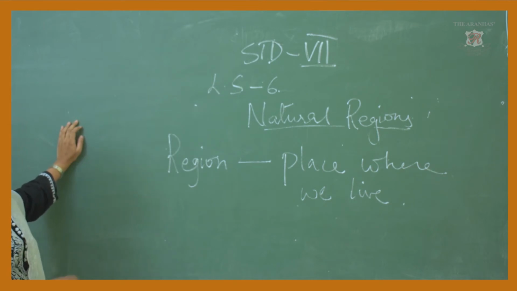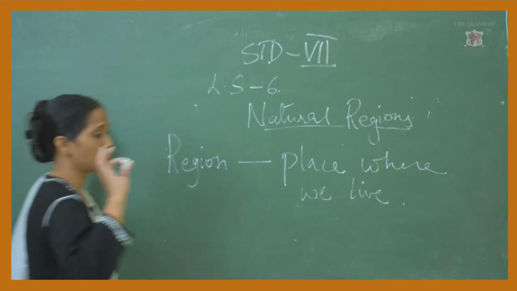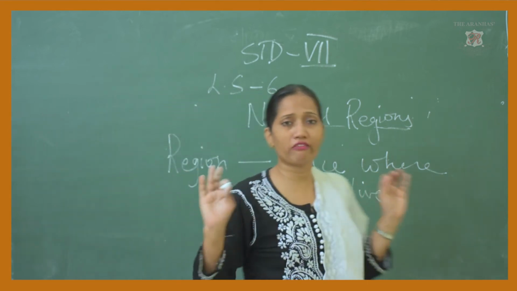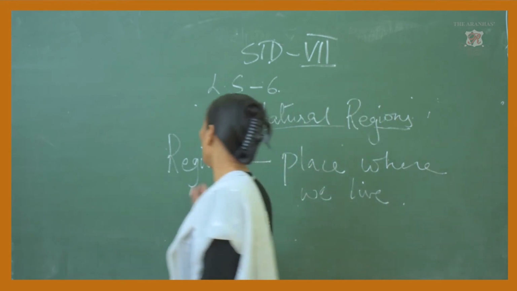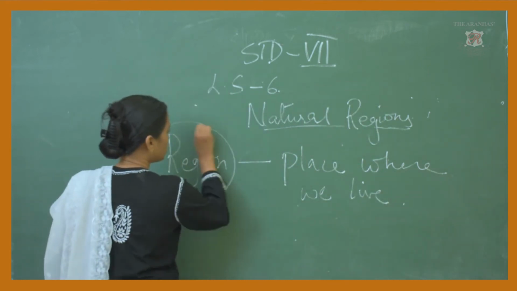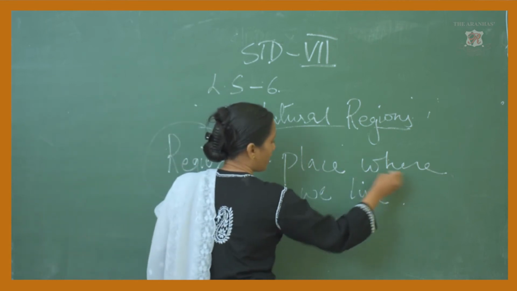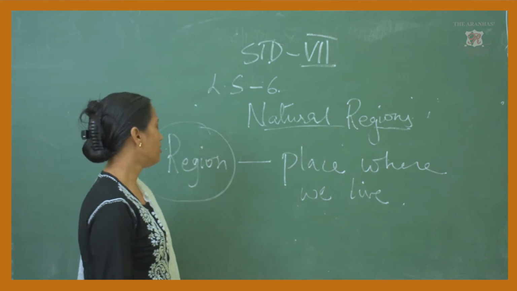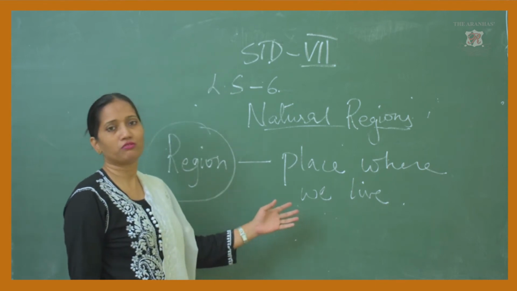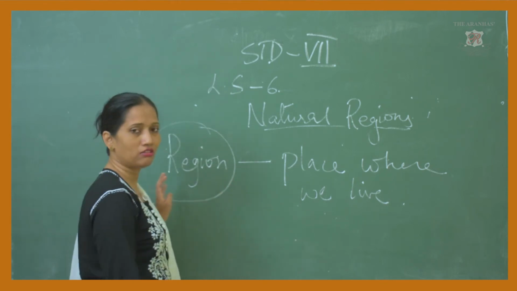Iceland region is where everything is full of ice. But there are specific names given to these places. But what is a region? Region is a place where we live. The place like desert.